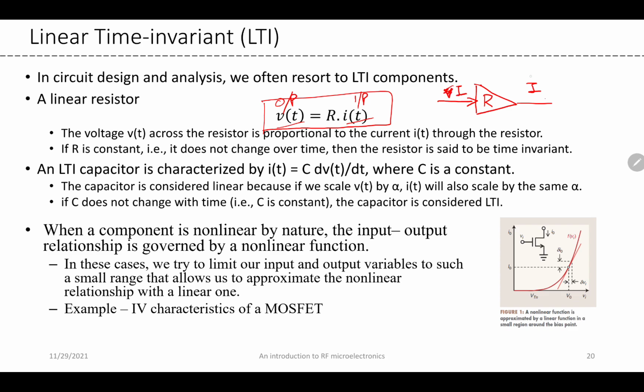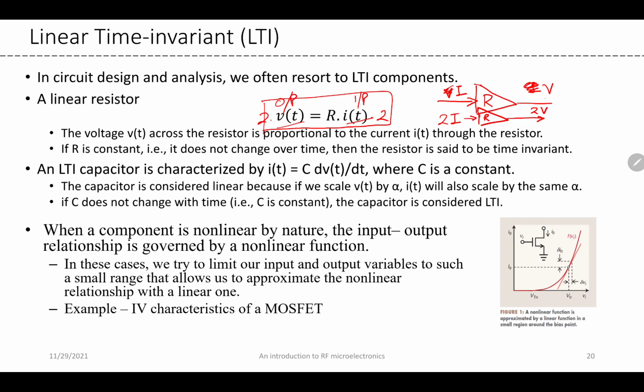You give it some current and you receive some voltage. Now if you scale the current, for example, you provide 2 times the current, then you expect 2 times the voltage because of this relation, right? So if you multiply by 2 here, you'll multiply by 2 here as well.